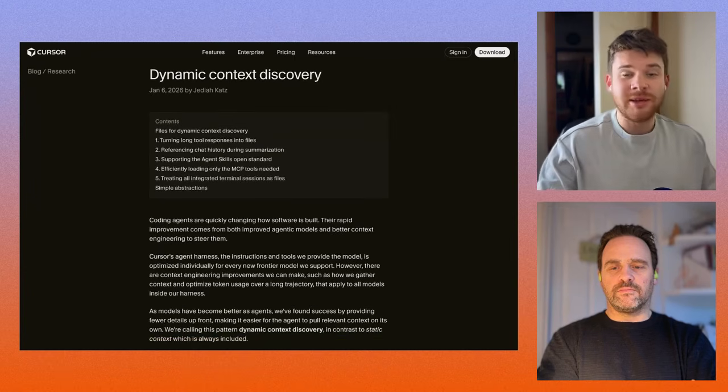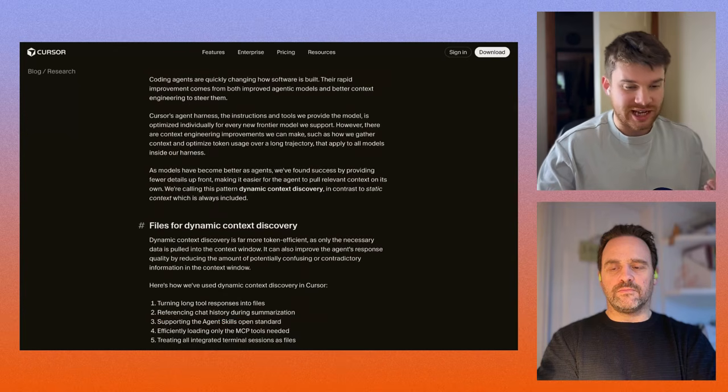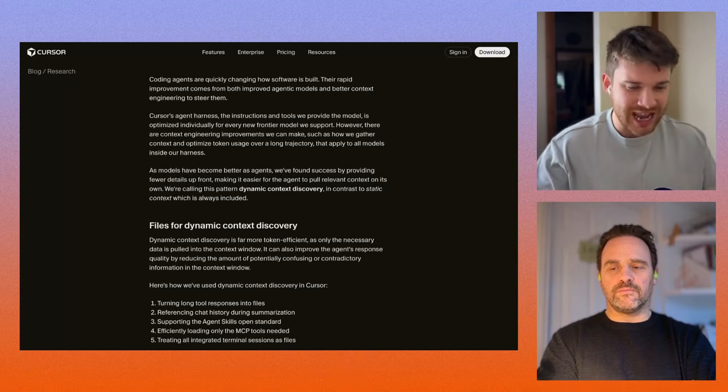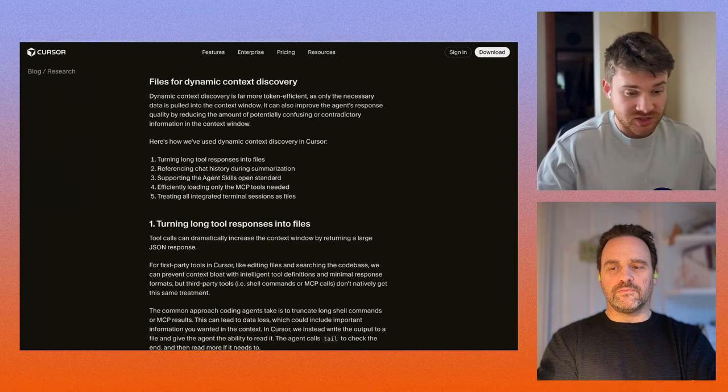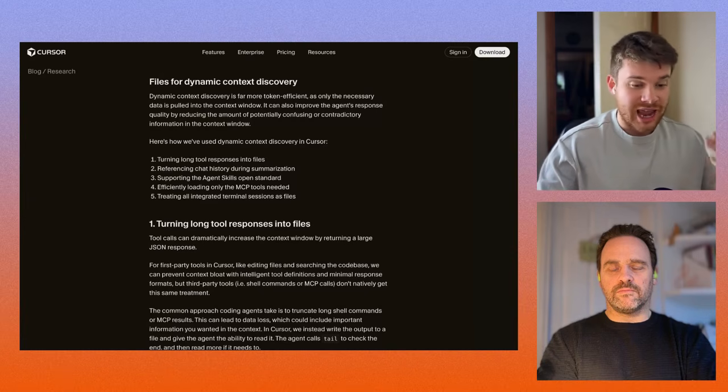So dynamic context and how you can give a model good context has become kind of the forefront of discussion in how we improve local model performance and small model performance as well, because small models are inherently terrible at managing context and staying on task. And this is from Cursor, but this is just echoing a couple of the things that are important to remember and what are being developed.